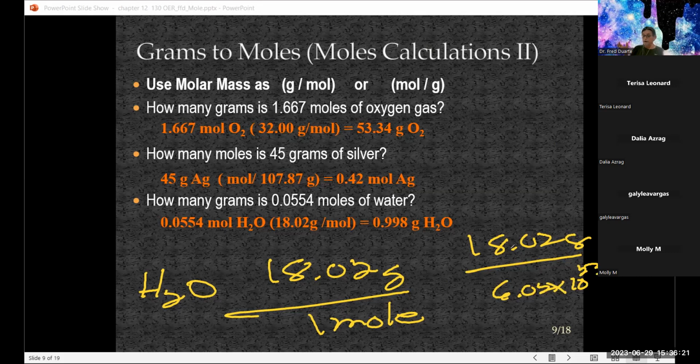That's a lot of molecules, right? So 1 mole is equal to 6.02 times 10 to the 23rd. When you go to the lab and weigh out 18.02 grams, or approximately 18 milliliters, that's not a lot of water. And within that water, there's that many molecules.